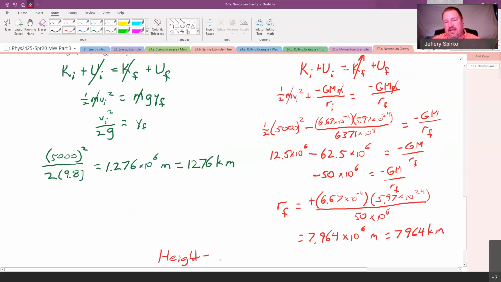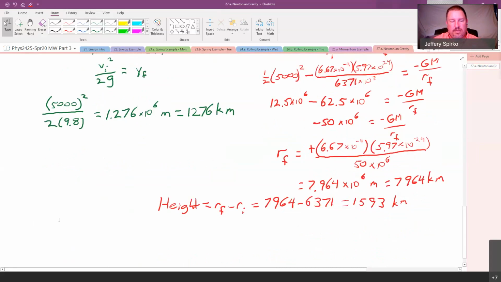And the height is R final minus R initial, which is 7964 minus 6371 is equal to 1593.